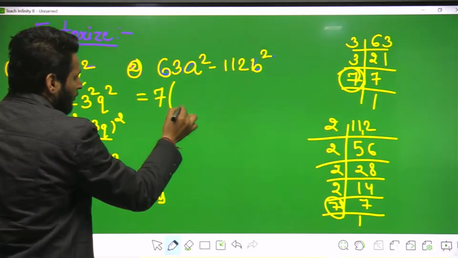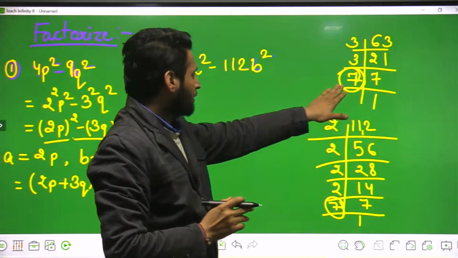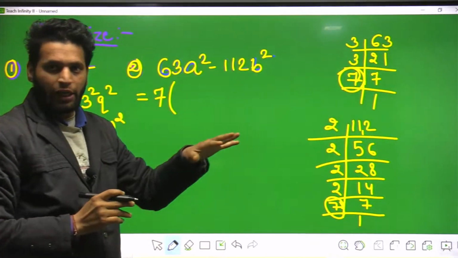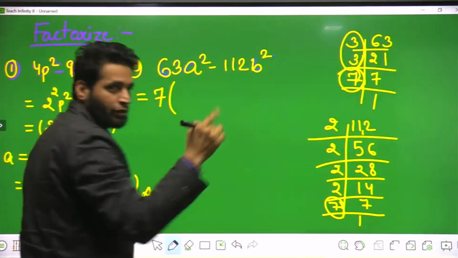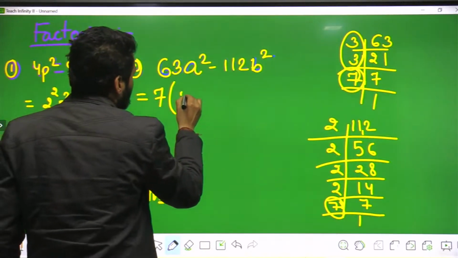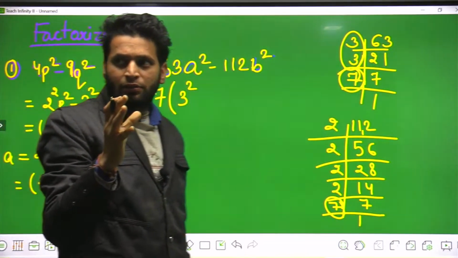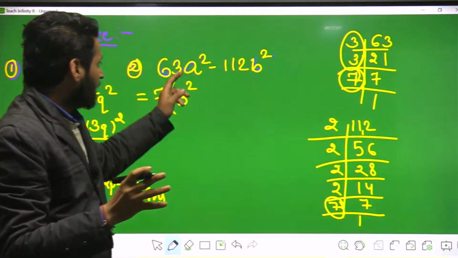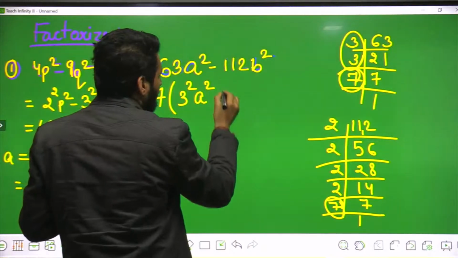Then the remaining terms you can write, when we take the common 7, we write the remaining expression here. So now it will be only 3 multiply 3, it means 3 square, just like as it there is a square, and minus.